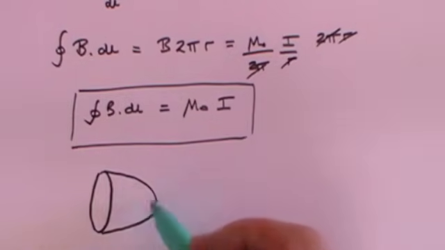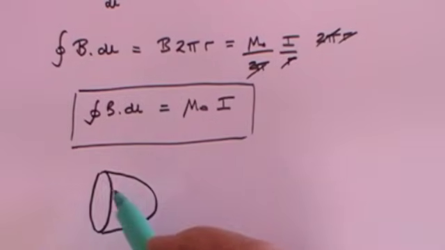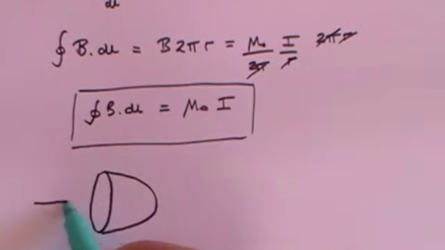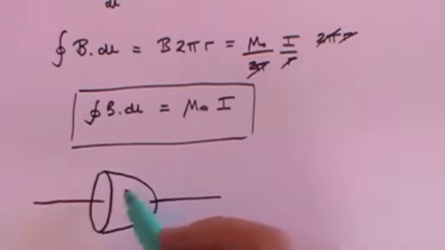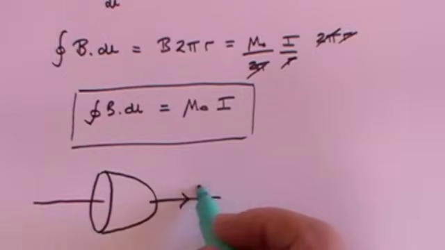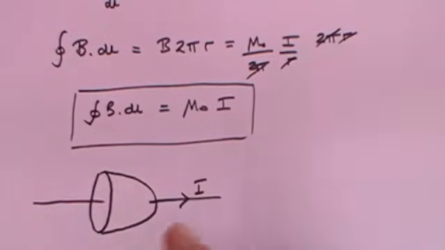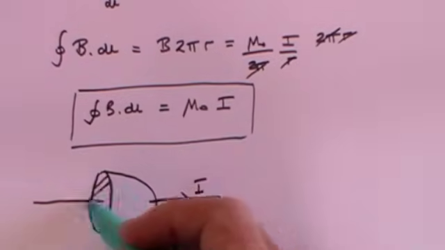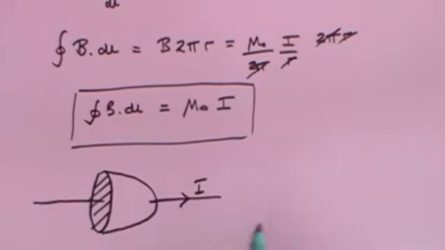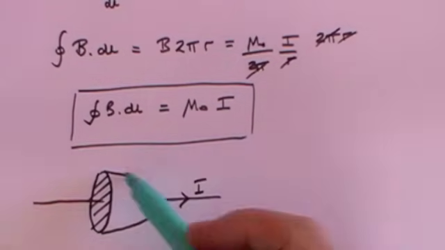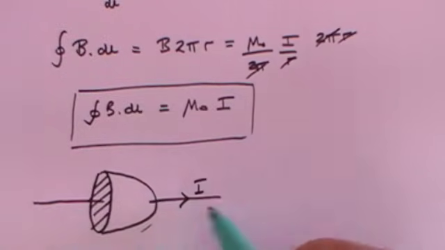Provided the current I flows through and comes out of this surface, this formula is applicable. It can be a bag, as long as the wire carrying the current penetrates the surface.